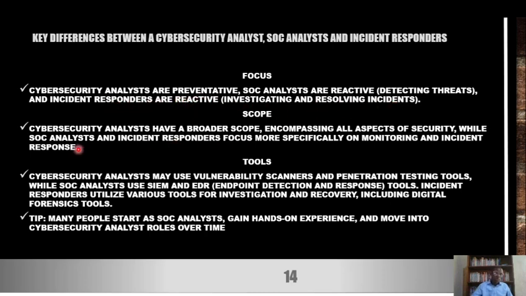In their scope, cybersecurity analysts have a broader scope, encompassing all aspects of security, while SOC analysts and incident responders focus more specifically on monitoring and incident response. On tools, cybersecurity analysts may use vulnerability scanners and penetration testing tools, while SOC analysts use SIEM and EDR, and incident responders utilize various tools for investigation, recovery, and forensics.